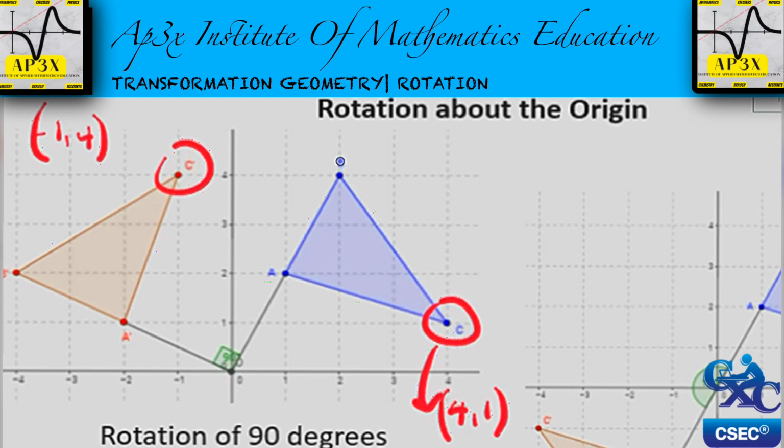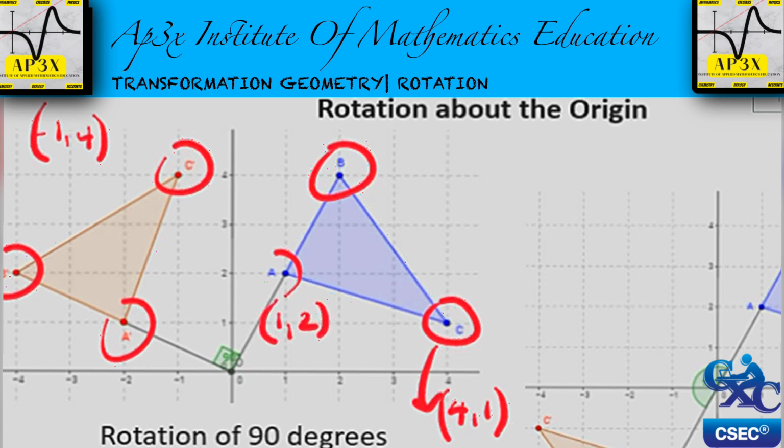You're going to find also that if you check it, it is very consistent when you compare B to B prime and when you compare A to A prime. Let's double check one more point to make sure that we're on track. Here, A is (1, 2). If you compare it to A prime, you'll find out that A prime is (-2, 1).